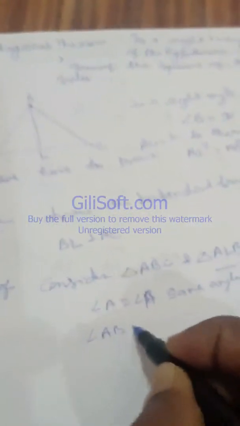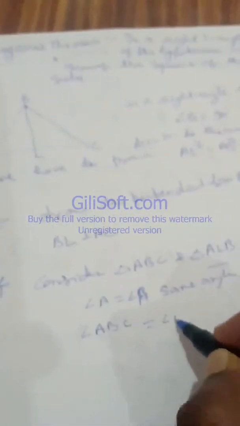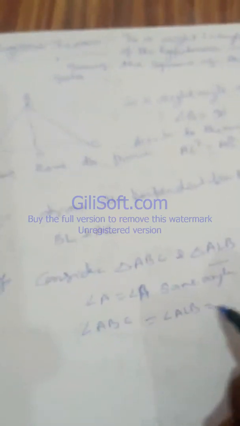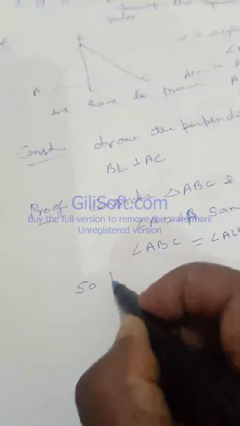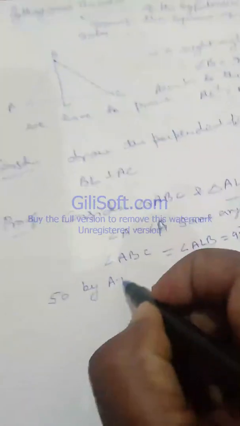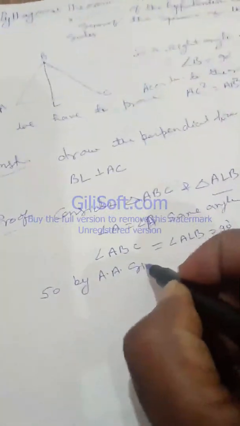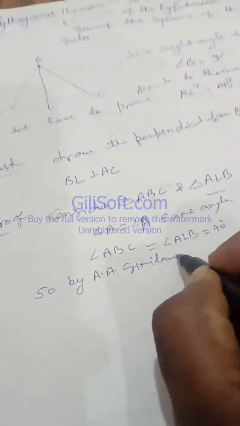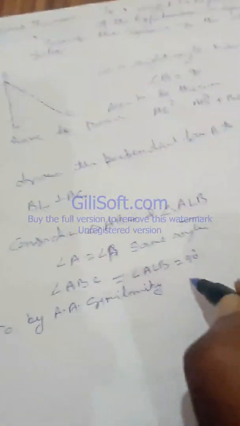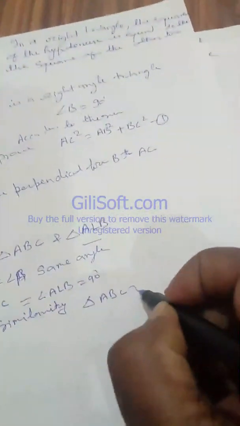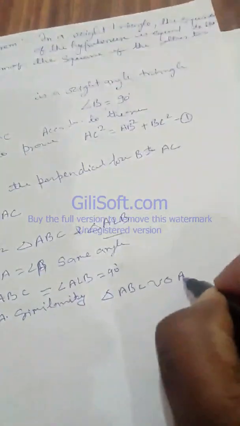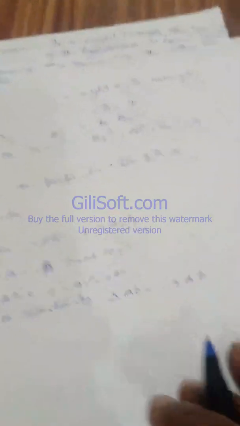Angle ABC is equal to angle ALB, which is equal to 90 degrees. So by AA similarity, triangle ABC is similar to triangle ALB.